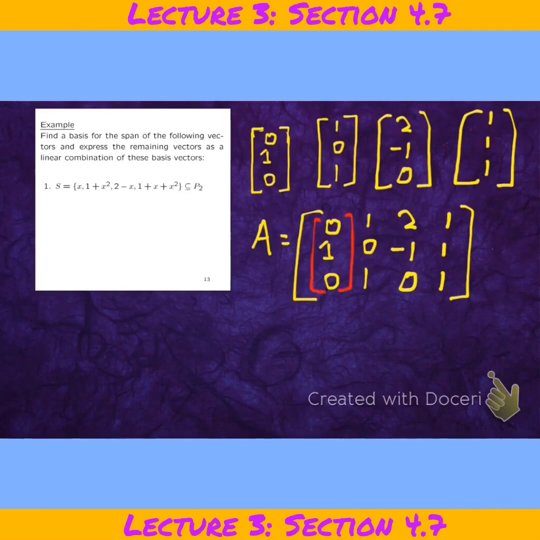So we're asking for a basis of the column space of the matrix A. Okay, that is what we are interested in.